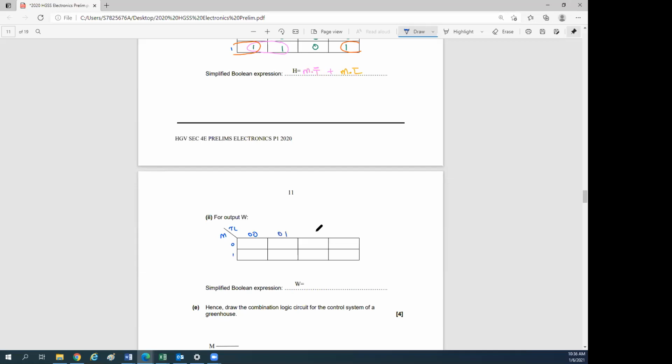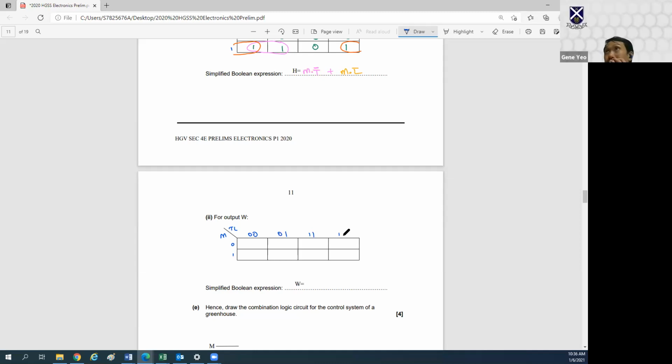When we group, it's ones, twos, and fours. You only group in 1s, 2s, and 4s. Yes, that's correct.